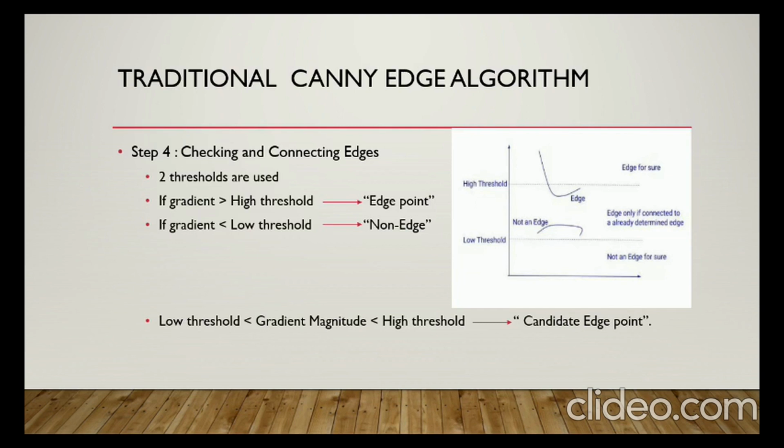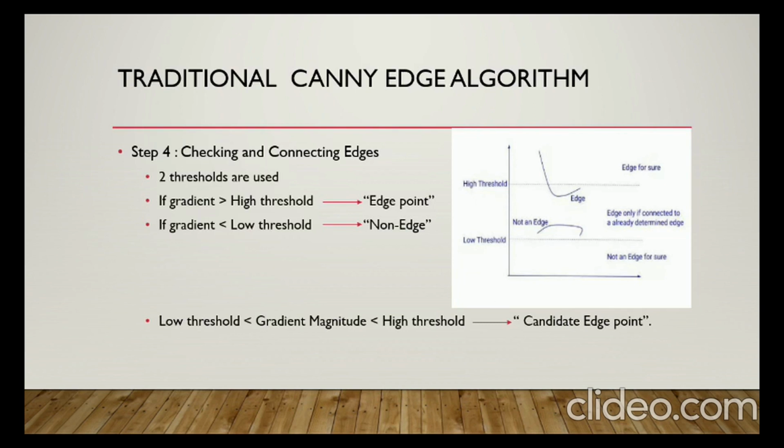Look at this image. There is one edge greater than the high threshold value, so we name it an edge, and there are no edges below the low threshold value. There is one edge between these 2 threshold values, but it is not connected to any high, strong edges, so I am removing it and marking it as not an edge.